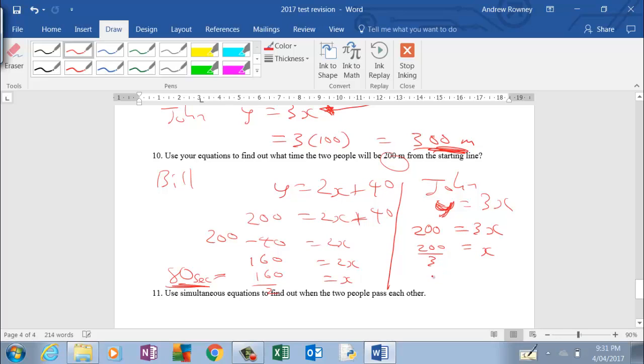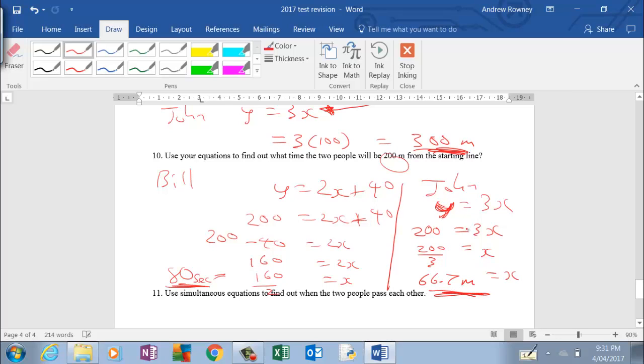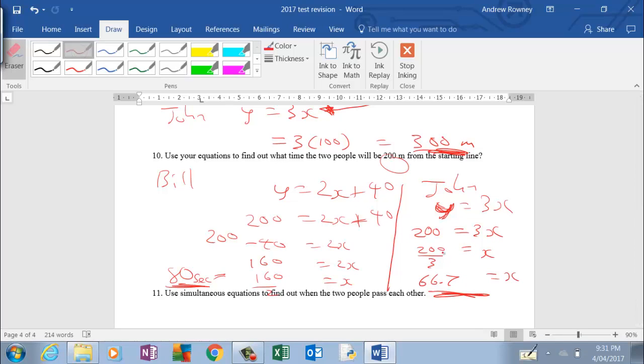And so we'll get 66.7 rounded off, seconds. So after 66 seconds, John is 200 meters, and after 80 seconds, Bill is 200 meters from the start.